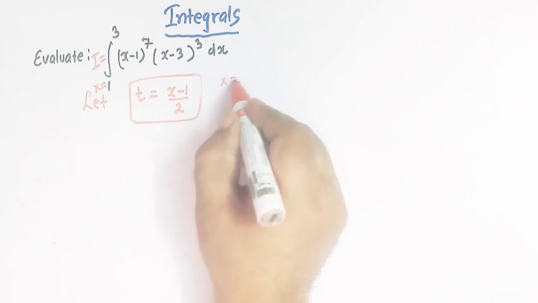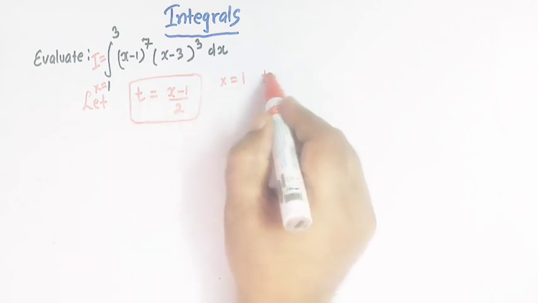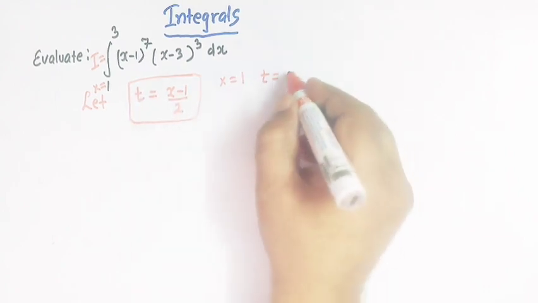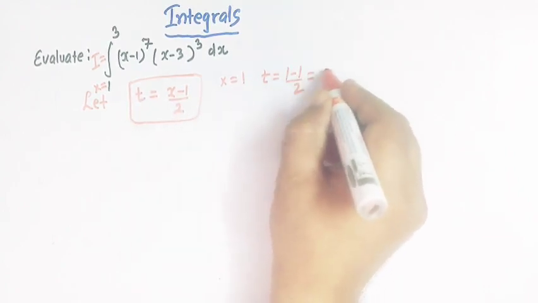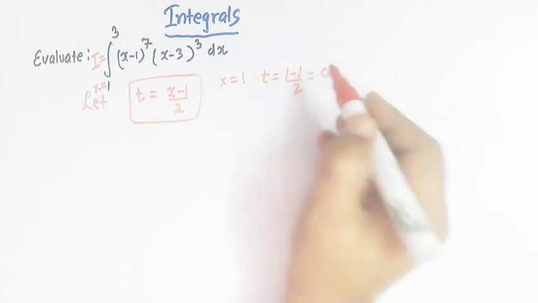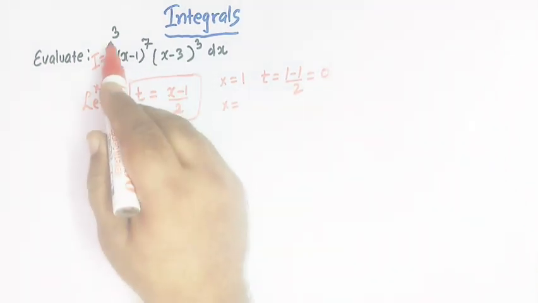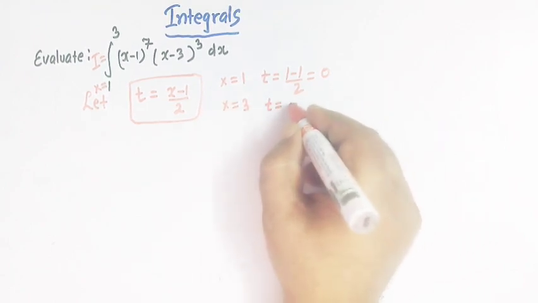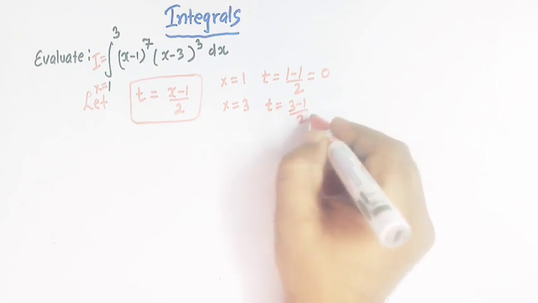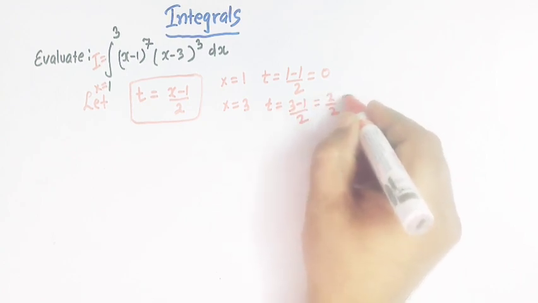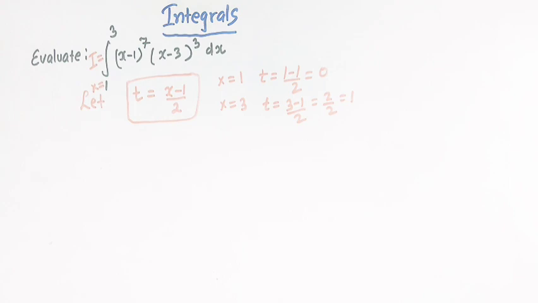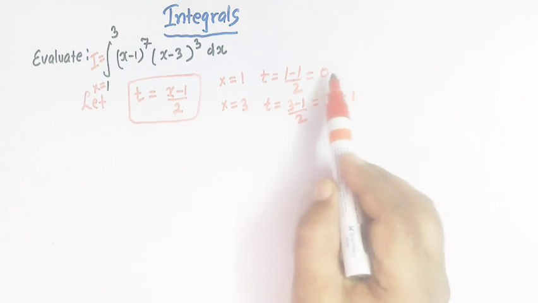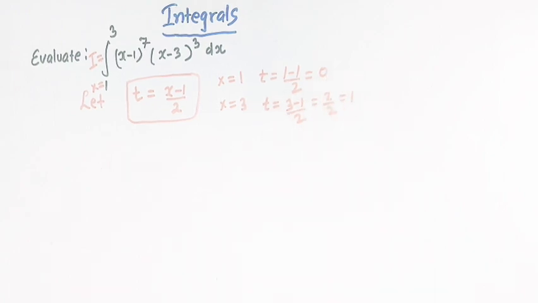When x is 1, t is (1 minus 1) over 2, that is 0. And when x is 3, t is (3 minus 1) over 2, which is 2 over 2, that is 1. So when x goes from 1 to 3, t goes from 0 to 1.